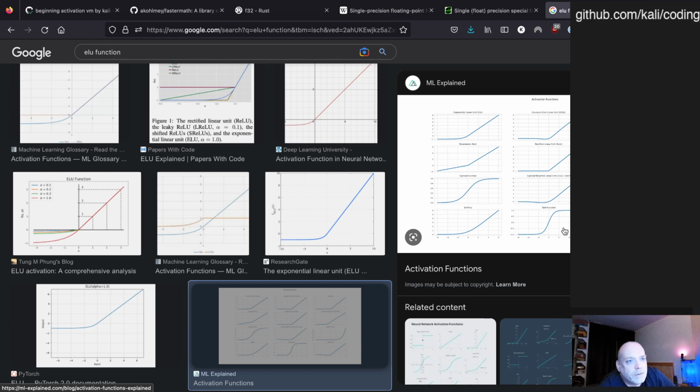That's Swish. These two are the tanh and sigmoid. CELU is there. So 1, 2, 3, 4, 5, 6, 7, 8 of them are constant in the negative and x in the positive. Parametric ReLU had this alpha in the negative.